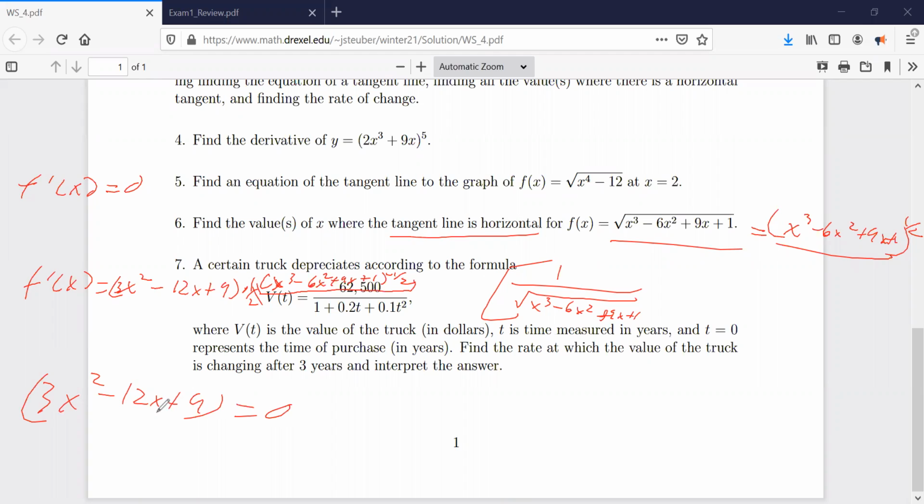When is that equal to 0? First, I'm going to pull out a 3 from both sides, and that's going to give me x squared minus 4x plus 3 equal to 0. And how am I going to factor this?